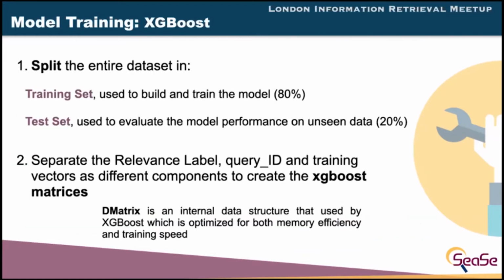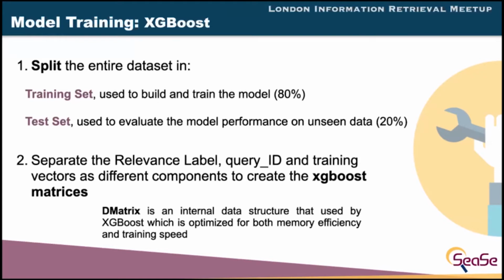When the dataset is ready and well structured, we have to split the entire dataset in two parts, the training set and the test set. The training set is used to build and train the model, while the test set is held back and used to evaluate the performance of the model on unseen data. In this phase, we have to be sure that a certain amount of samples for a given query are present in both sets, and then I will explain why.